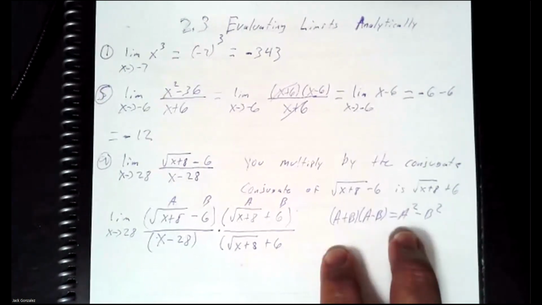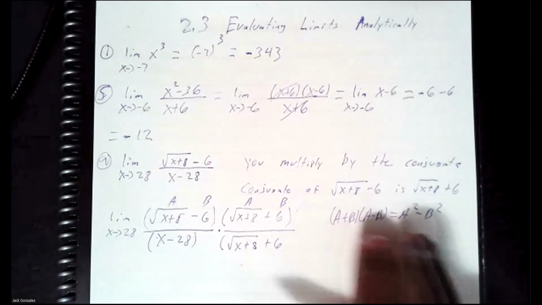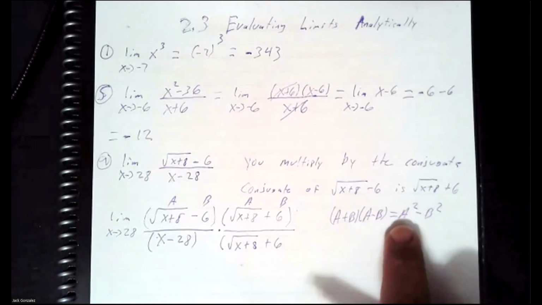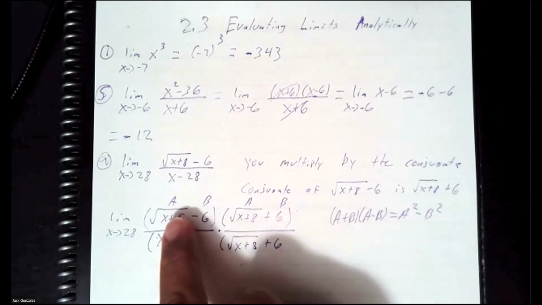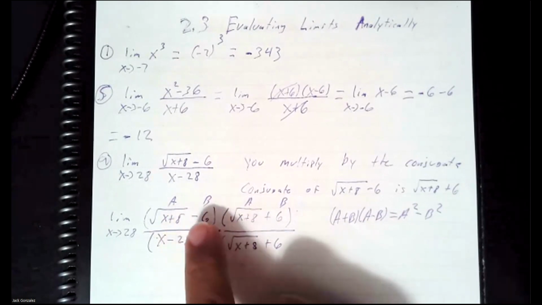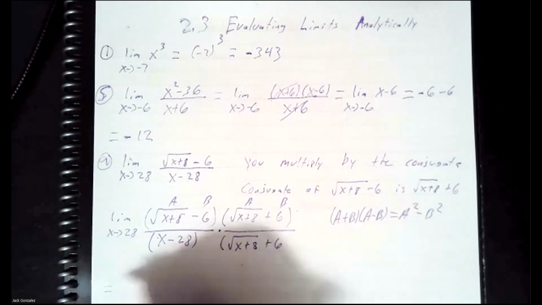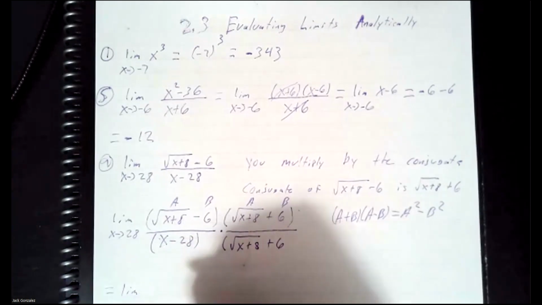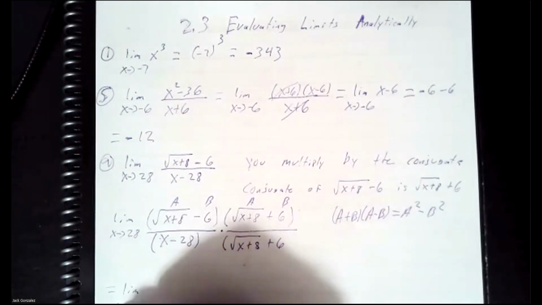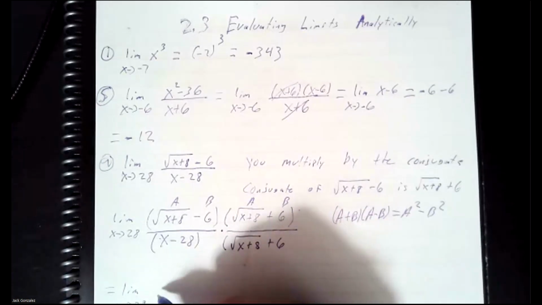You remember the difference of squares, right? Yes. So we're going to jump from here to here, which shows you we're going to square this term, getting rid of the radical, and square the constant. So this is another approach for limits.